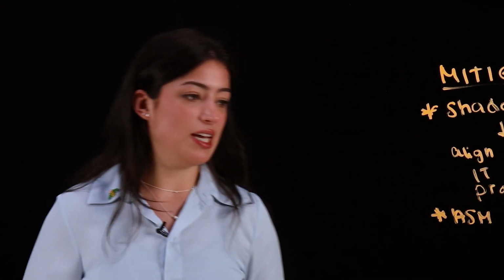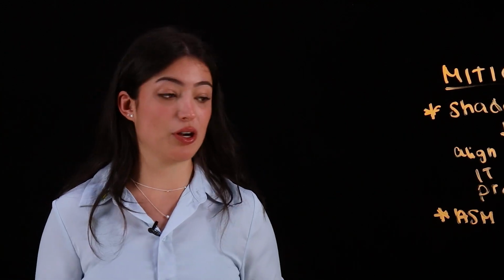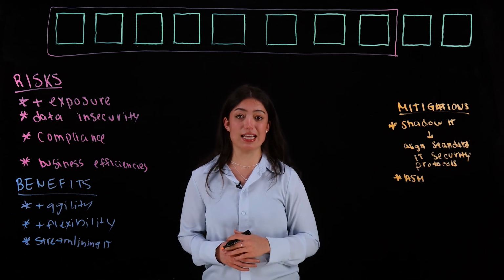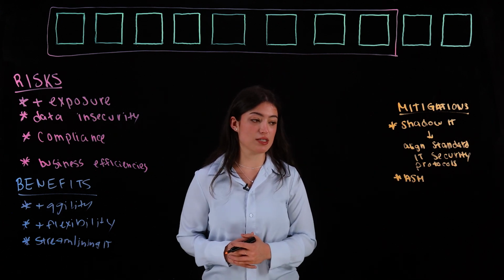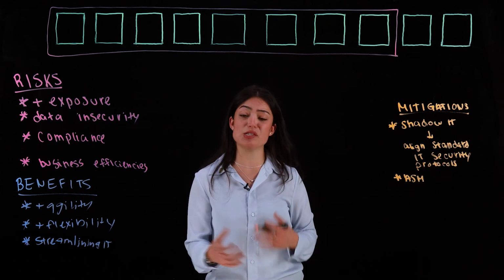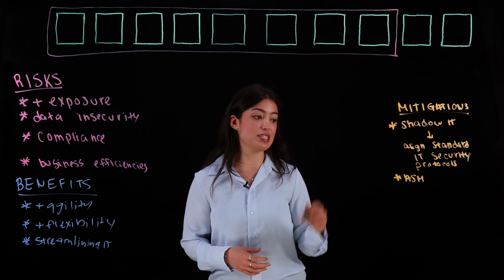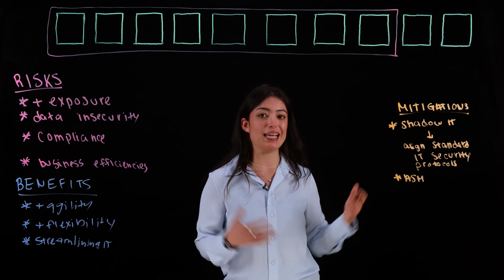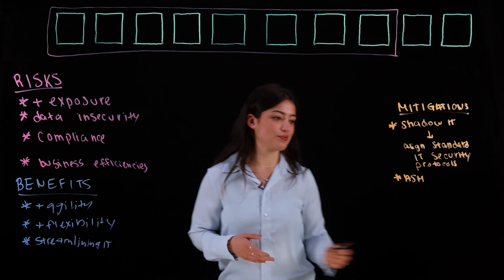Another mitigation is implementing different tools that are out there to really help us address shadow IT, such as ASM or attack surface management solutions that will continuously monitor our internet-facing assets or anything that has been exposed along the way to also discover and identify the vulnerabilities there so you can assess them and mitigate them accordingly.